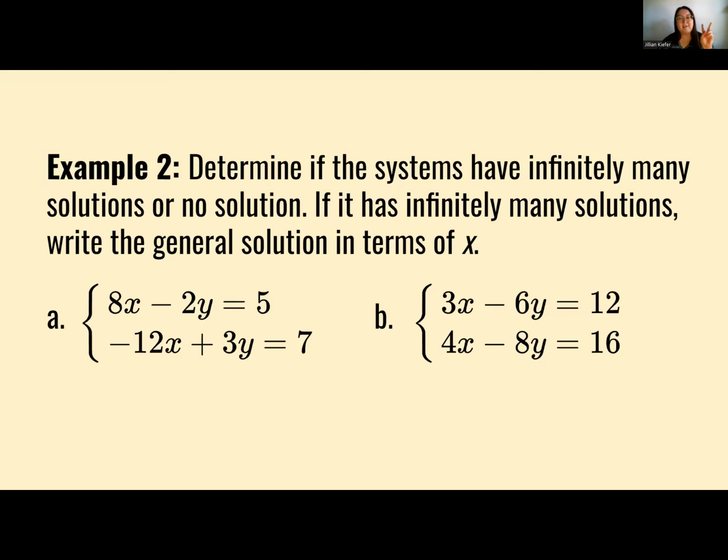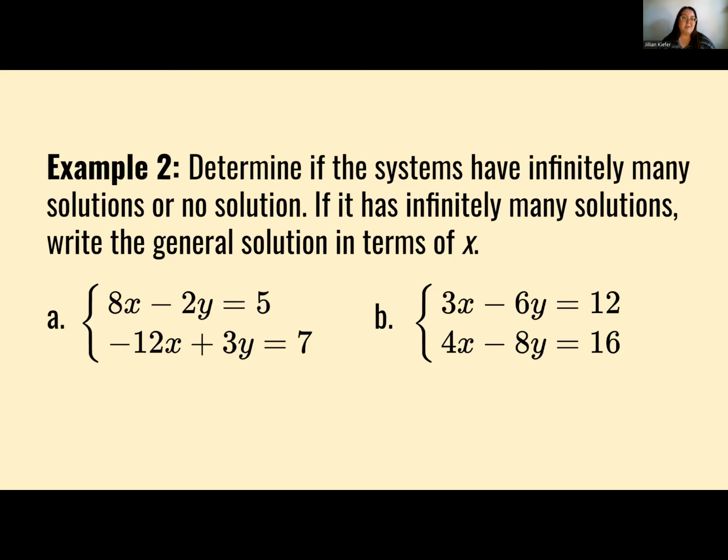All right. We're going to have 2 separate problems here. So part A, part B. In part A, we're going to have 8x minus 2y is equal to 5 and negative 12x plus 3y is equal to 7. We're going to use our methods, whichever one that we like. By no means do we have to use all 3. We showed all 3 so we can go through each method, but every time you solve one of these, you're just going to pick the one that you like best.